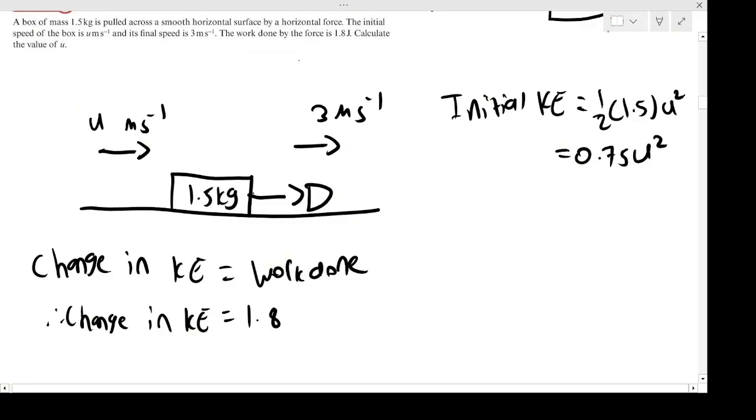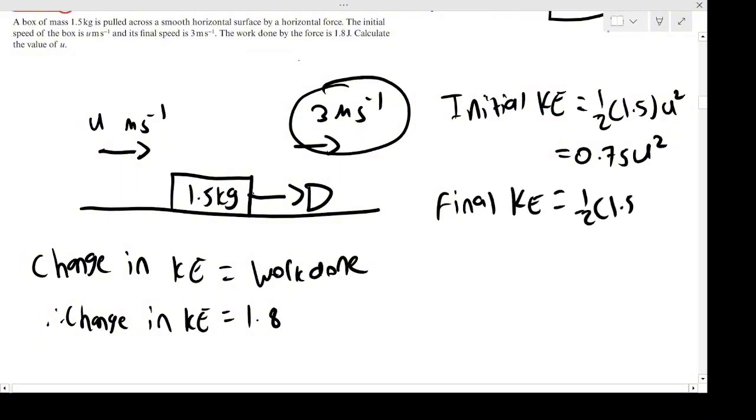Then the final kinetic energy is at the final speed, so that's half of 1.5, the mass, times 3 squared, because the speed is 3 at the end. If we work that out, that is 6.75.